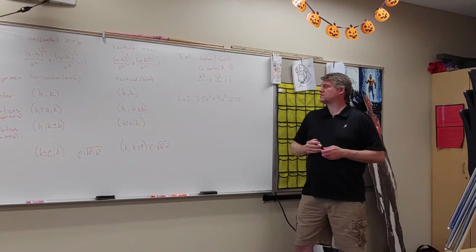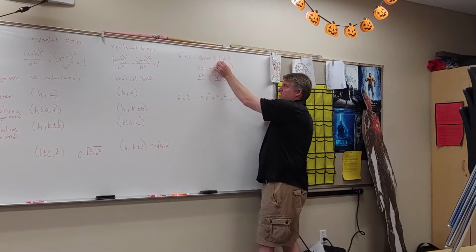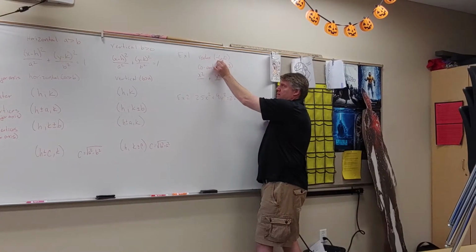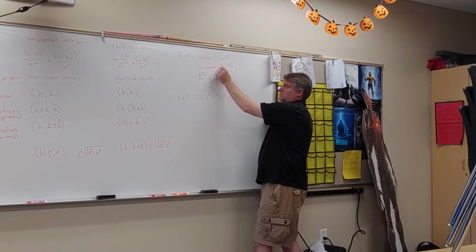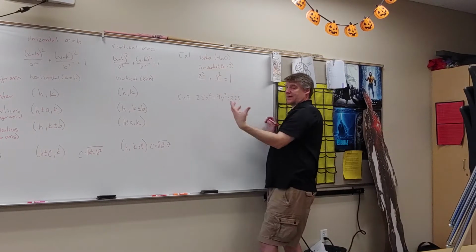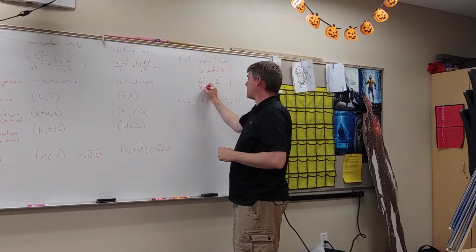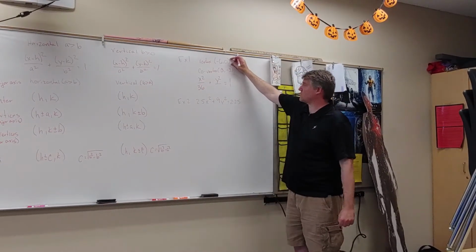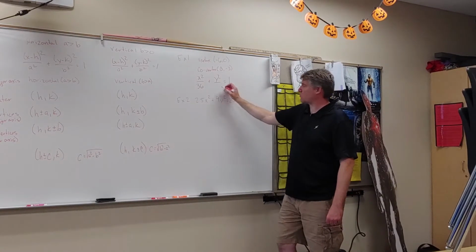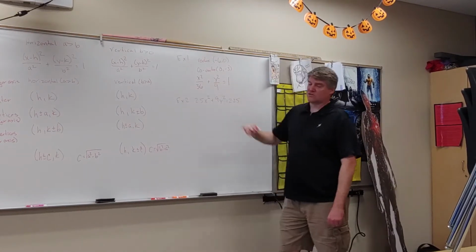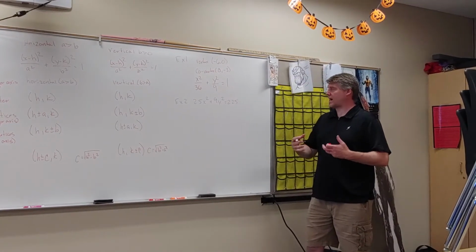Now to find these numbers below, I'm just going to take the value, negative 6. I go from my center, 0 to negative 6. That gives me negative 6. I square it. That gives me 36. I'm going to do the same thing, 0 to negative 3. The difference there is 3. I'm going to square it. That gives me 9. So my equation is going to be x squared over 36 plus y squared over 9 equals 1.